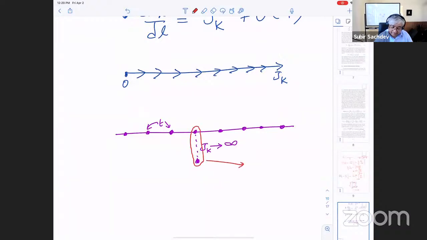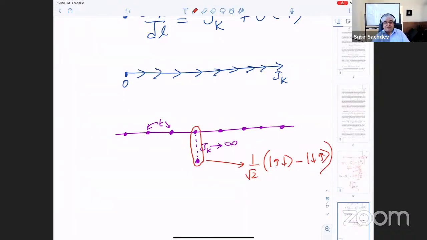So this will just become the usual spin singlet state, up down minus down up. So this is sometimes called Kondo screening. Basically, the impurity electron borrows one electron from the Fermi sea, one and only one in this large J_K limit, and those two of them form a singlet.